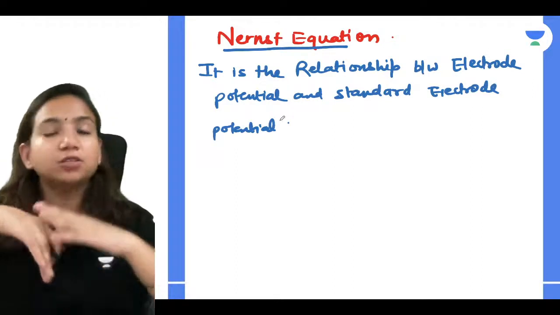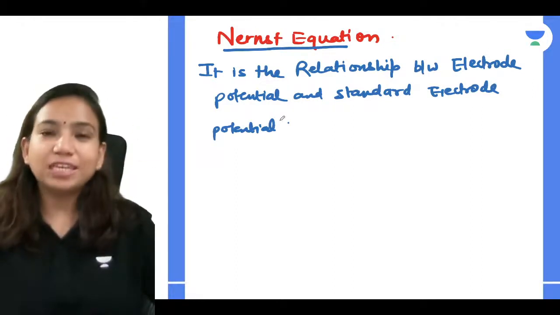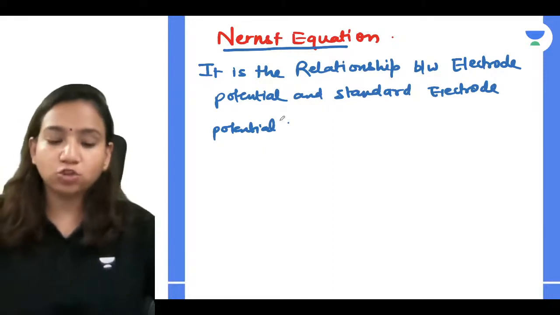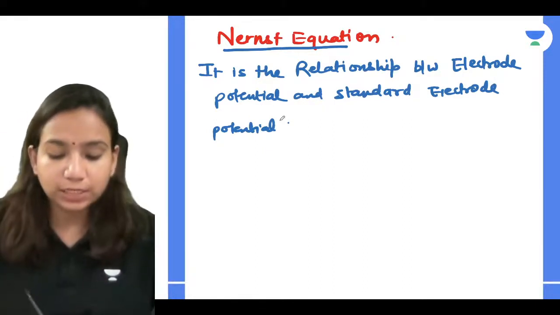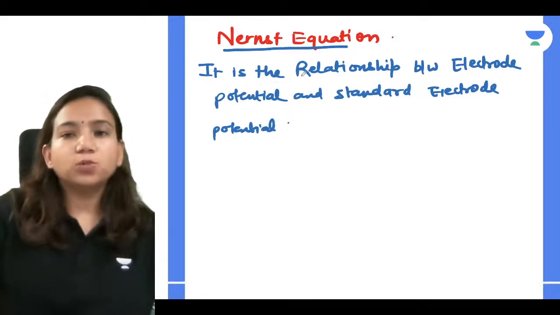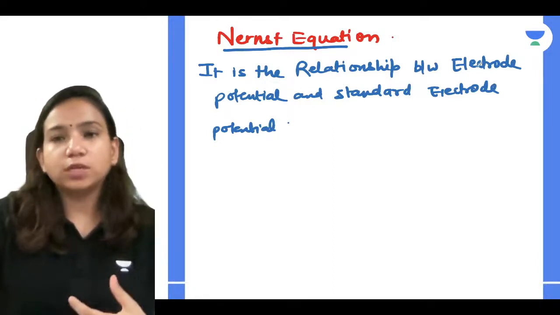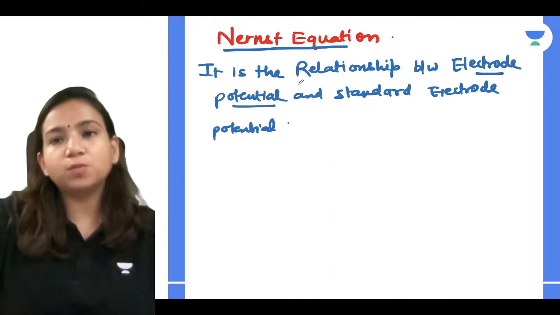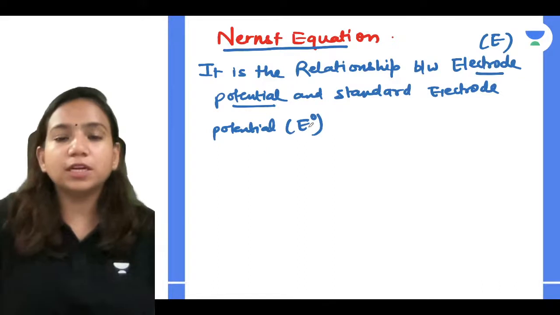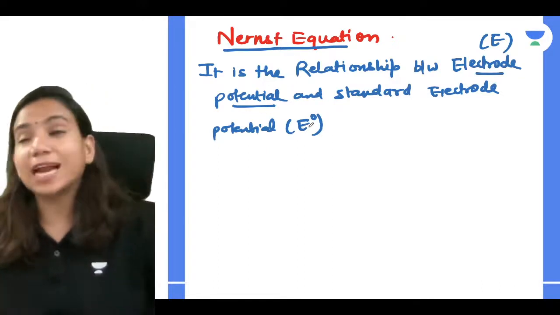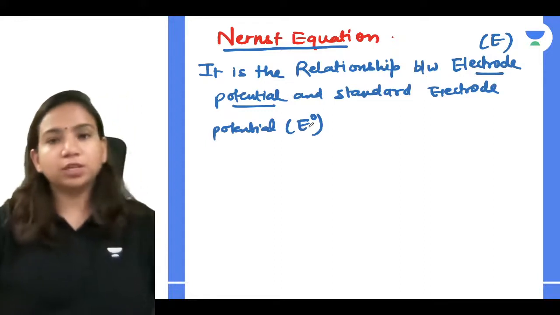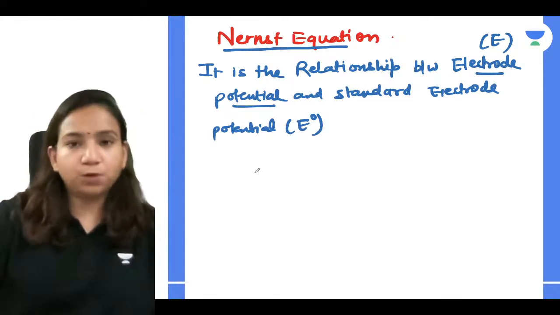The electrode where oxidation takes place is the anode, and the electrode where reduction takes place is the cathode. Now, standard electrode potential is when you measure the electrode potential at standard conditions, meaning standard temperature and pressure.